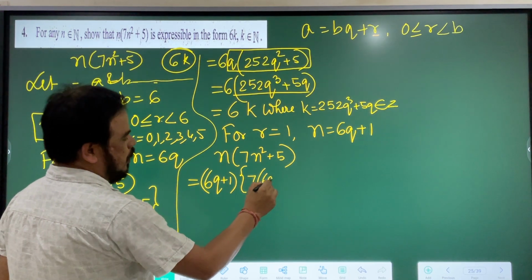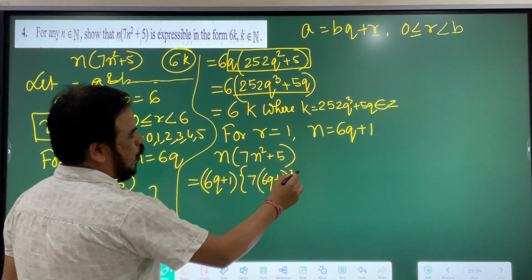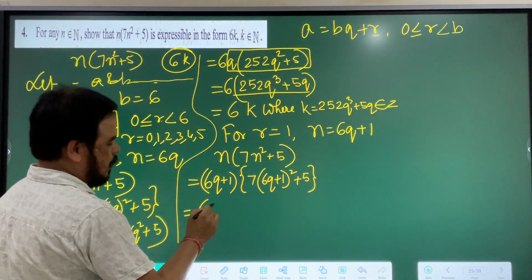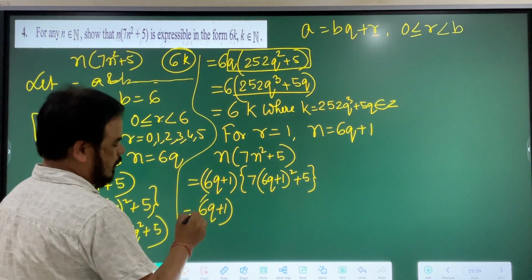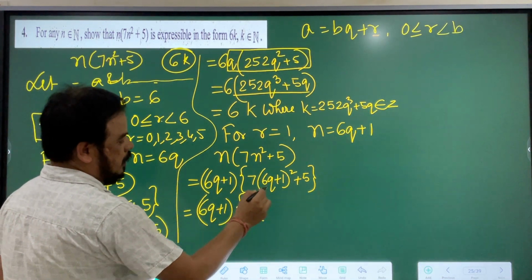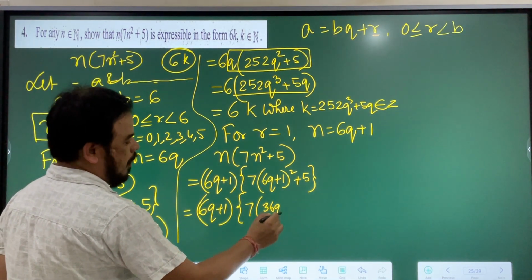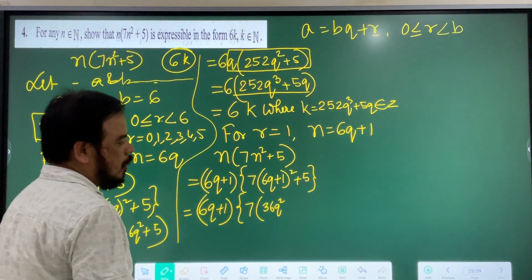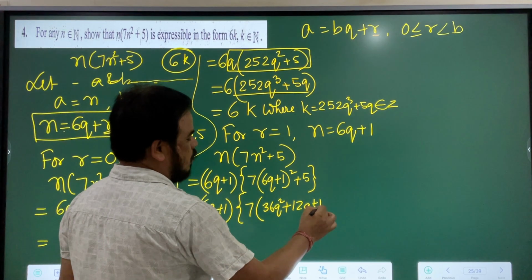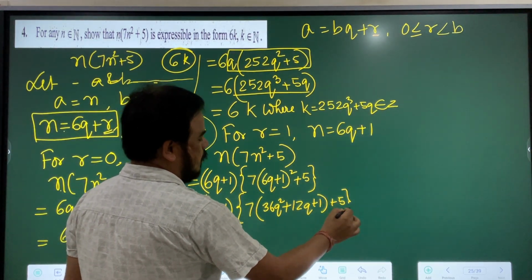7 into (6q plus 1) whole square plus 5. 6q plus 1 times 7, this one 36q square, using the a plus b whole square formula directly. 2 6s are 12, 12q plus 1 plus 5.